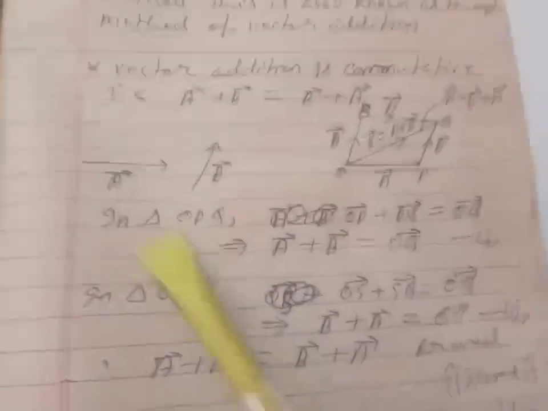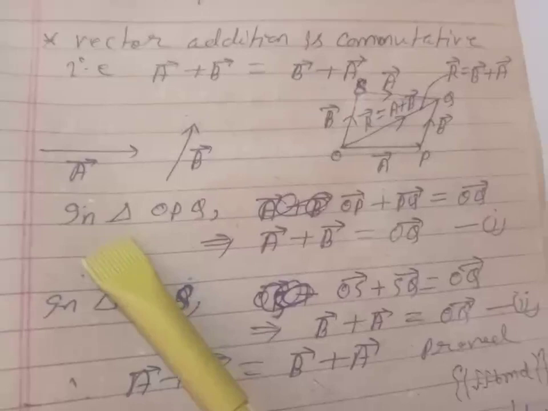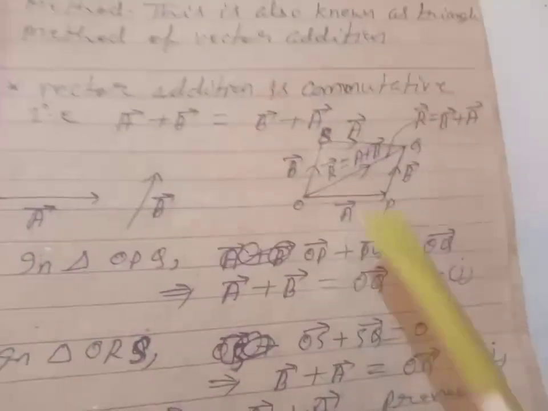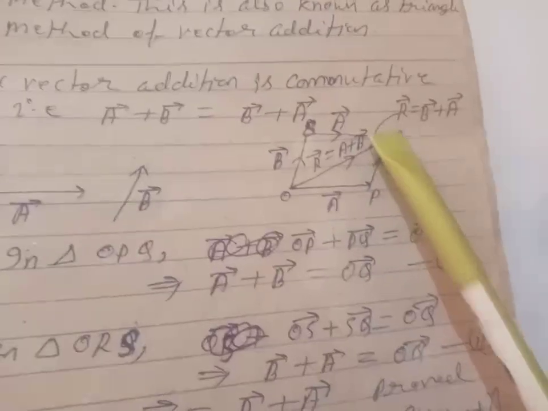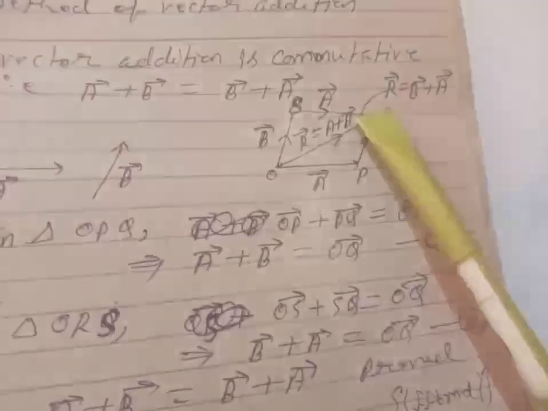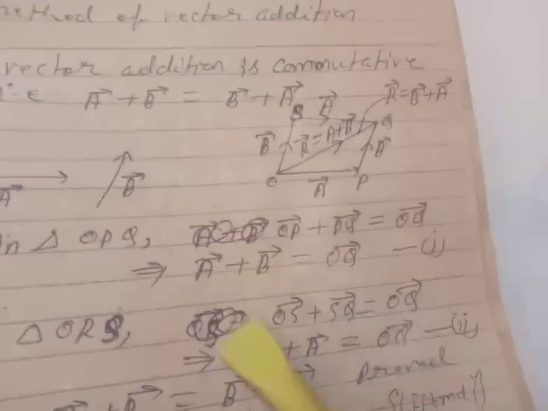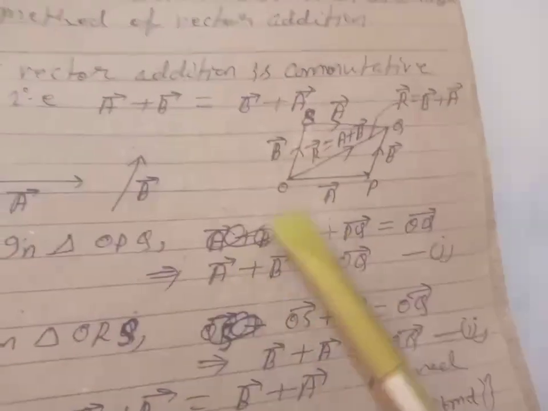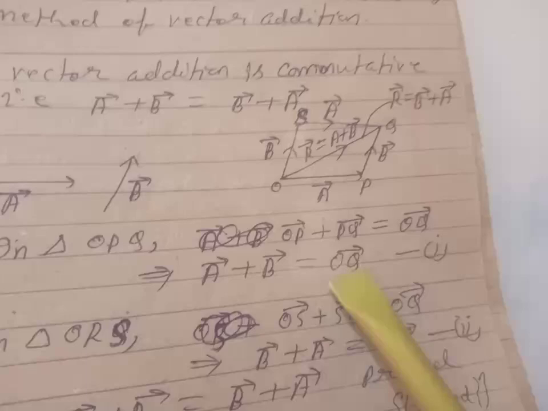This can be proved in triangle OPQ. We have OP vector plus PQ vector equals OQ vector, by the law of vector addition. This implies A vector plus B vector equals OQ vector, equation 1.